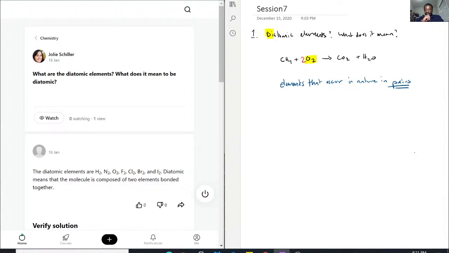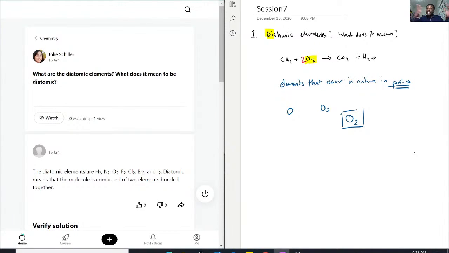What do I mean by that? If I said I had an oxygen molecule, I would not be talking about this. This is like ozone. I'd be talking about the diatomic element O2. This is what we refer to as an oxygen molecule, because it occurs naturally and it comes in pairs.